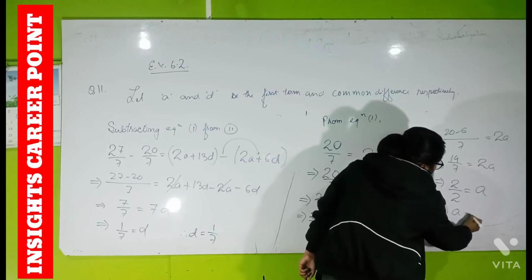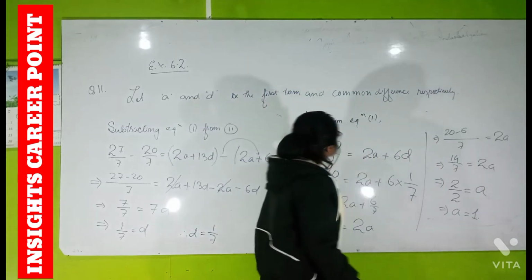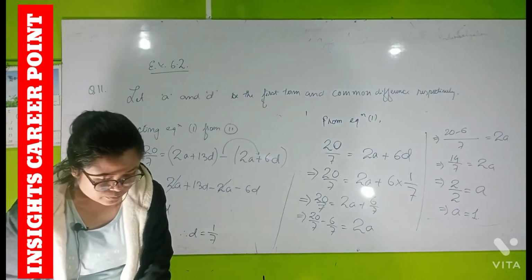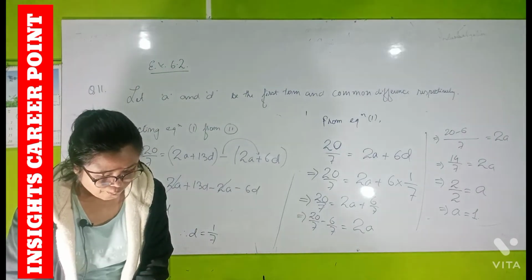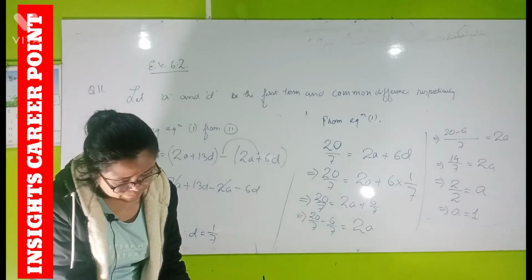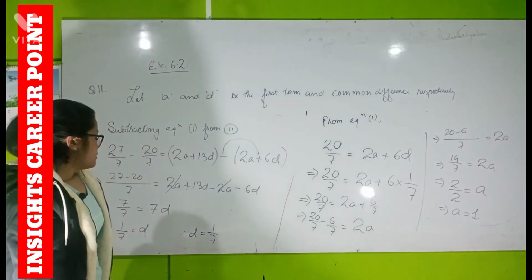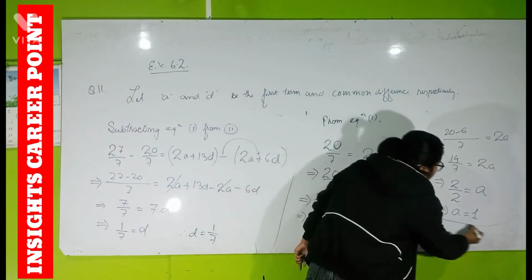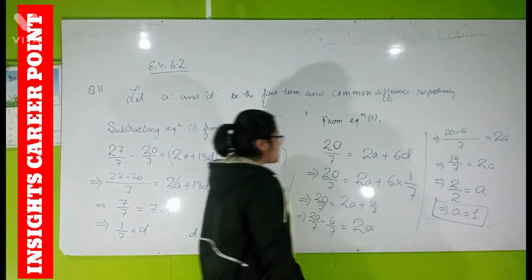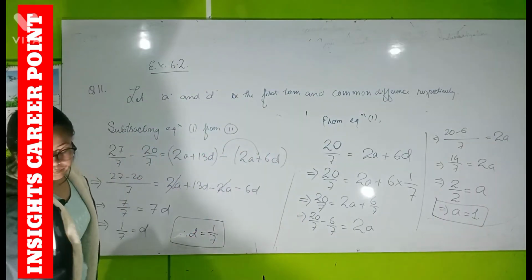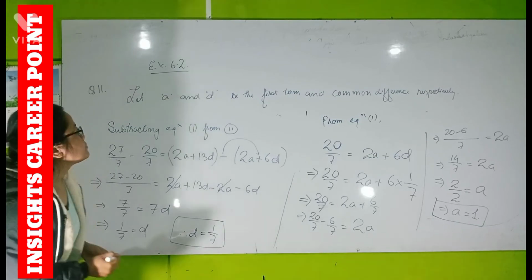It becomes a equal to 1. Here we get the value of first term as 1 and the common difference is 1 by 7.